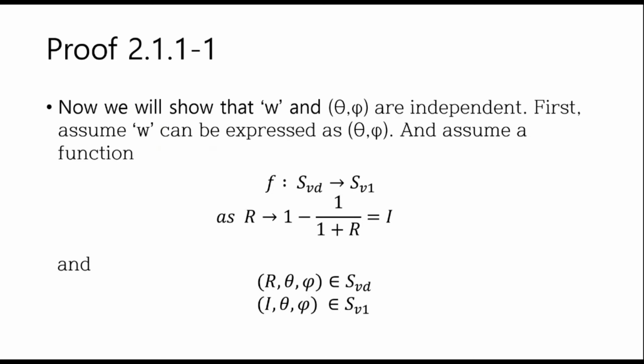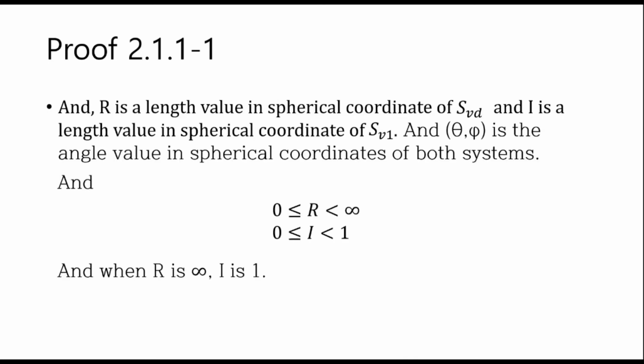First, assume omega can be expressed as theta phi, and assume a function like this and this, and r is the length value in the spherical coordinate system of S3D, and I is the length value in the spherical coordinate system of S31, and theta phi is the angle value in the spherical coordinate of both systems, and when r is infinite, I is 1.